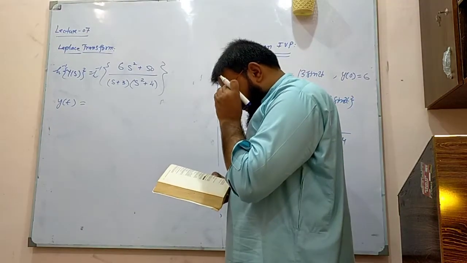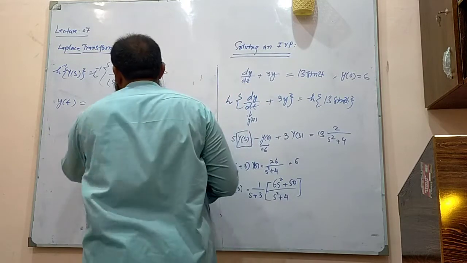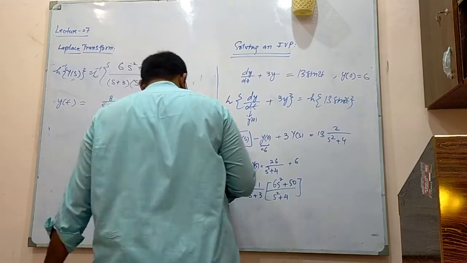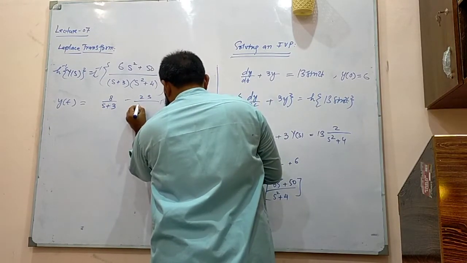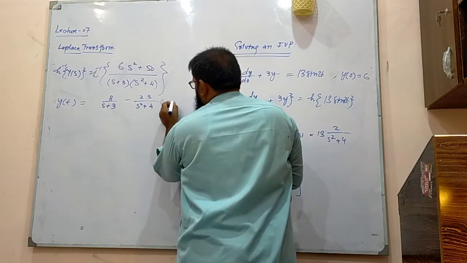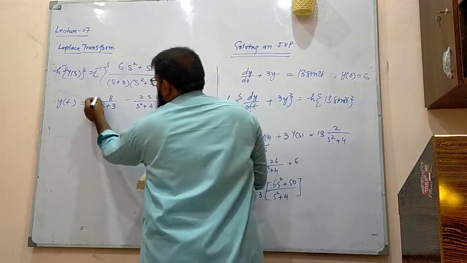This is going to be 8 over s plus 3, minus 2s over s square plus 4, plus 6 over s square plus 4.